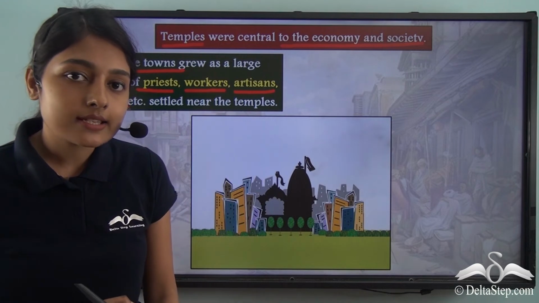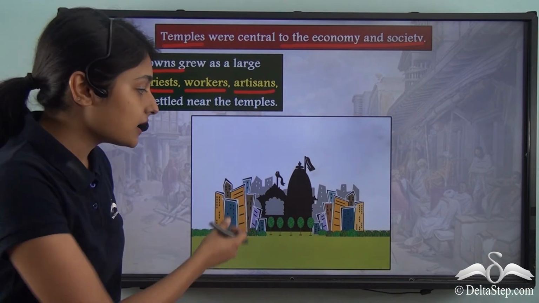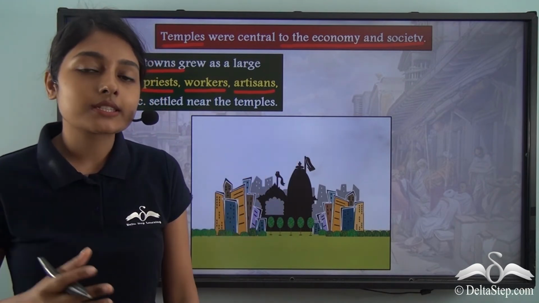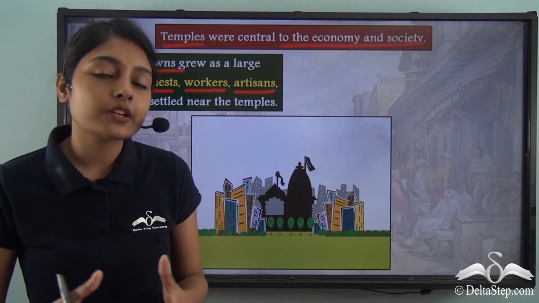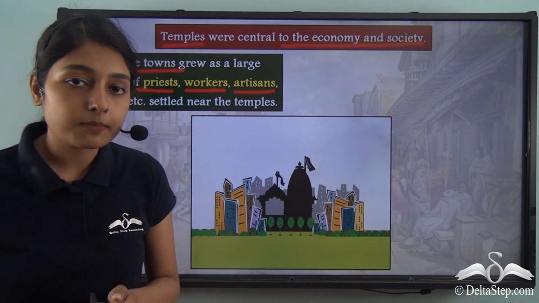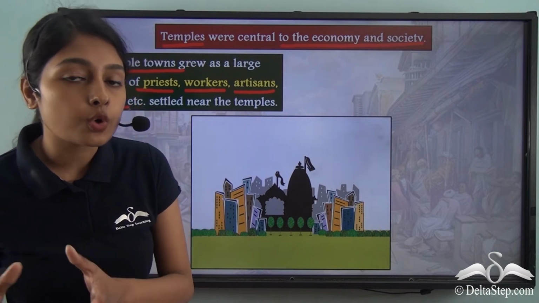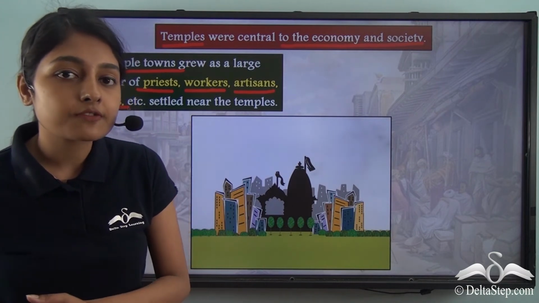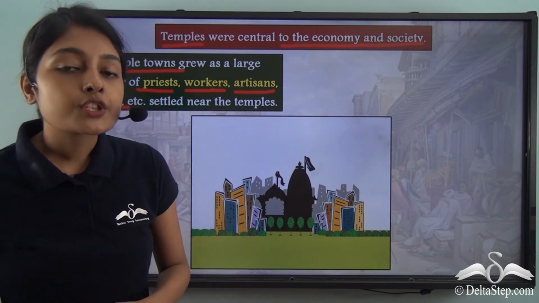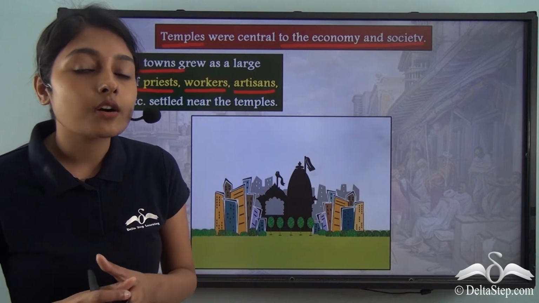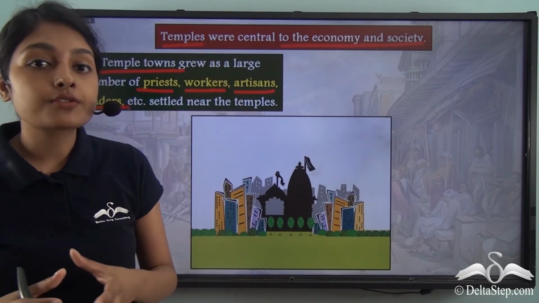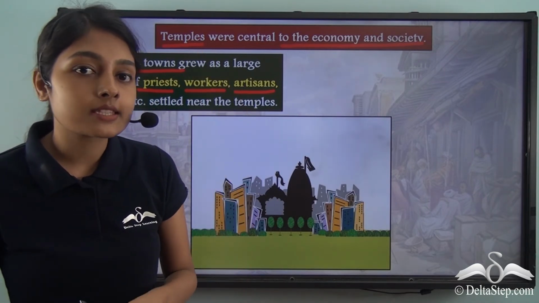While they constructed these temples, they also provided various land grants to the temples, because lands were further required for the maintenance and upkeep of the temple, since the food crops grown in the lands were important for the maintenance of the temples. So the land grants also made the temples central to the economy of the kingdoms.